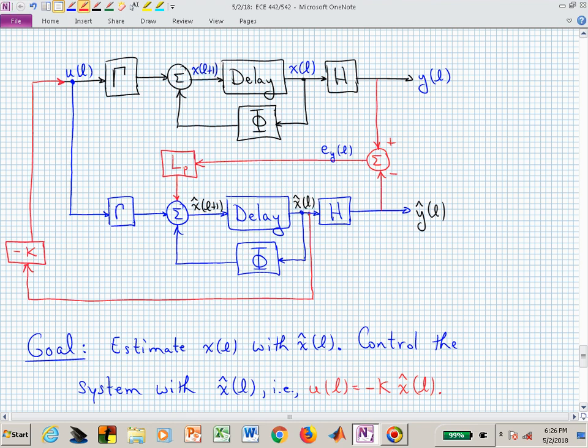And you would count 8. So this would be an 8th order system to control the original 4th order. That's the full order estimator. It's using 4 state variable estimates to try to control the system.